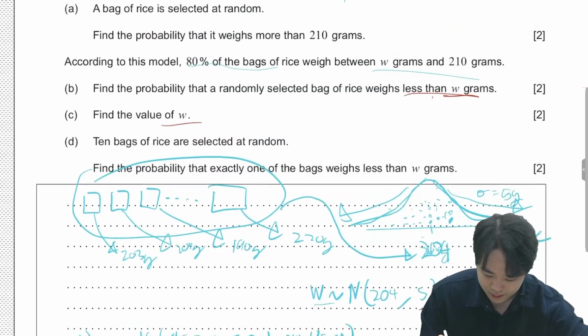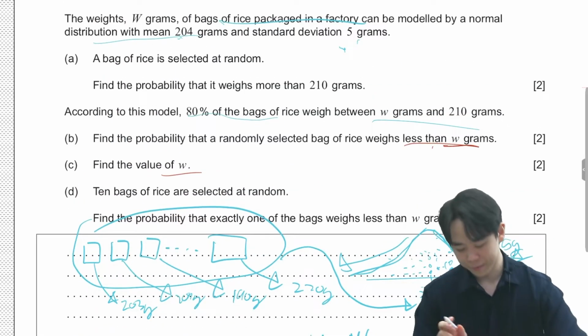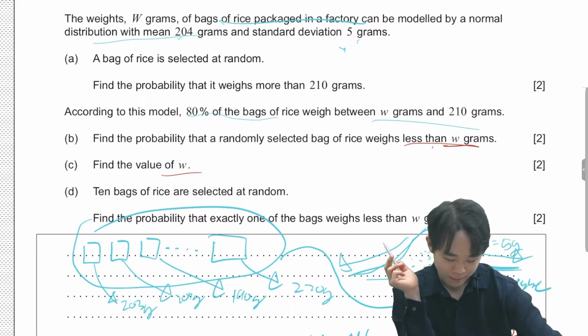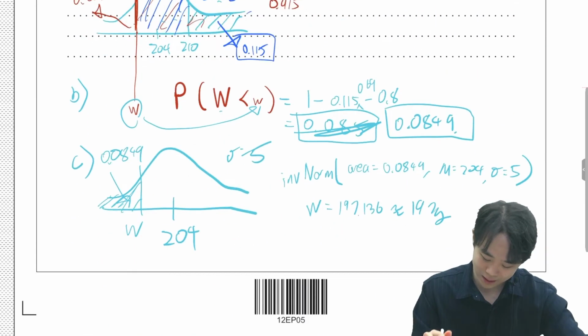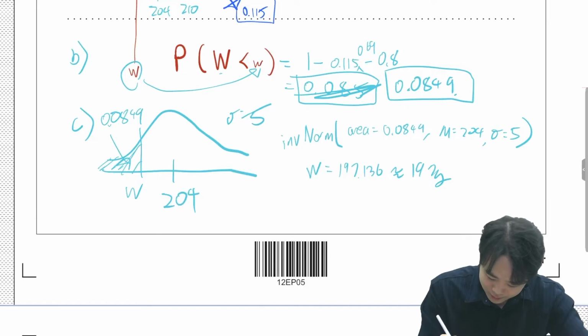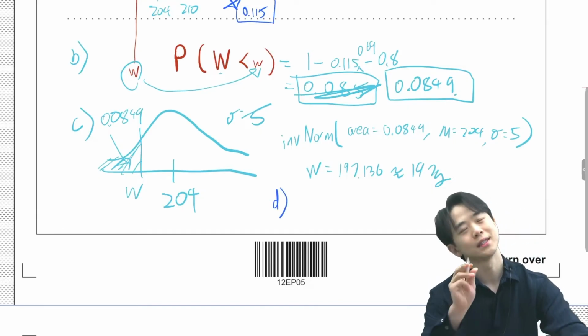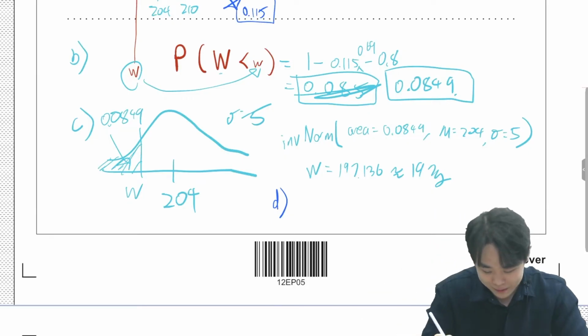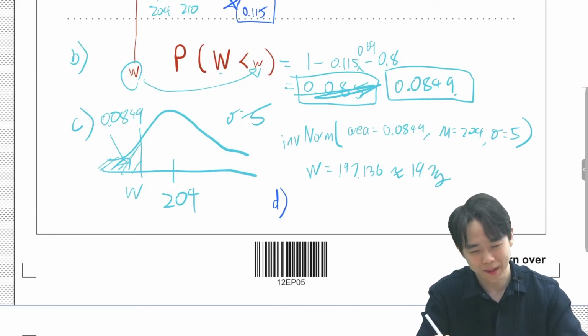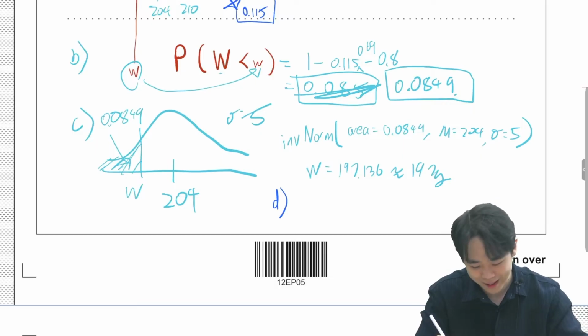Okay? Part D. 10 bags of rice are selected at random. Find the probability that exactly one of the bags weighs less than W. Okay, so let me just write this here. So this is exactly the binomial distribution case we're looking for, because we're basically flipping a coin, right? Instead of getting heads or tails, there are 2 outcomes.